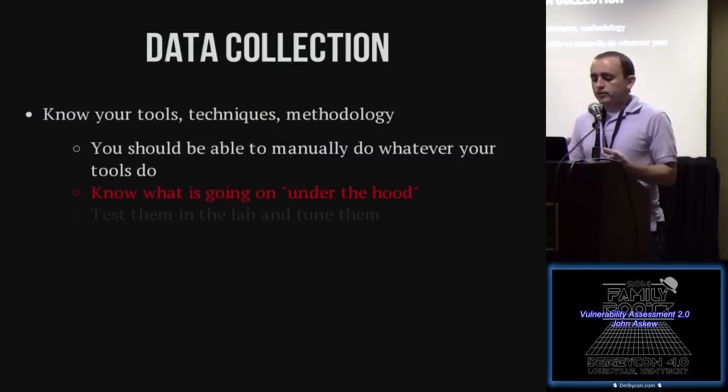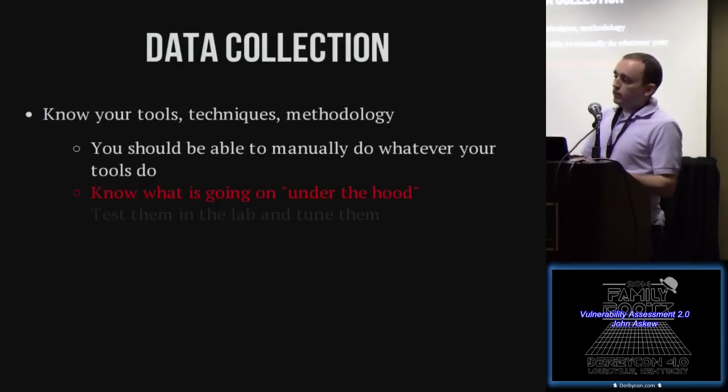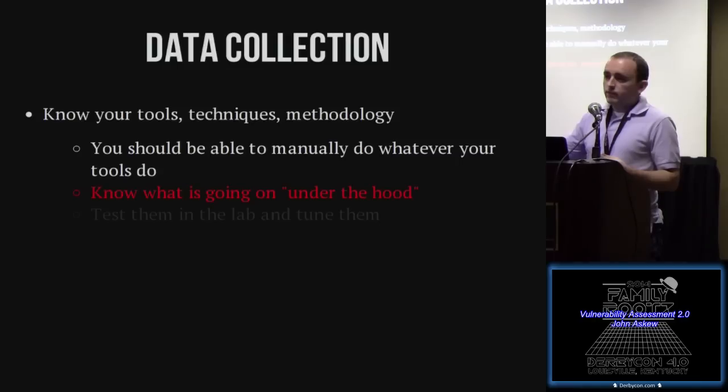I think it's also important to know kind of what's going on underneath the hood of these things, so not only knowing what it's doing, but the method that it's using to collect data. So you run a vulnerability scan against a Windows workstation to detect vulnerabilities in Adobe Flash Player. How is it determining what version of Adobe Flash Player is installed?